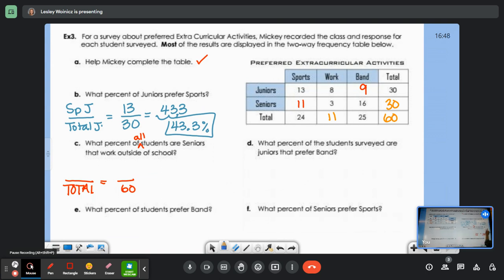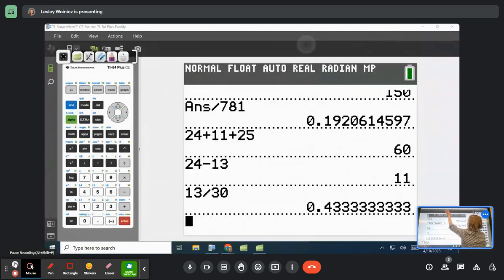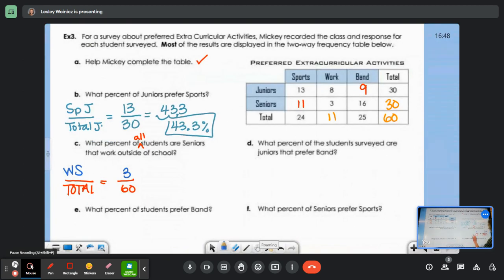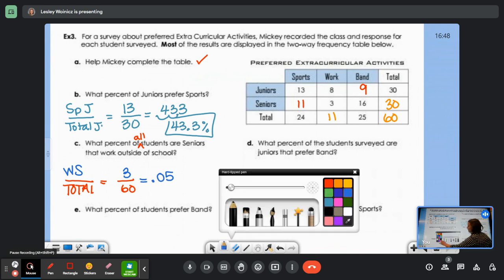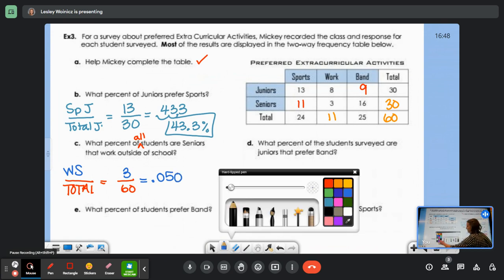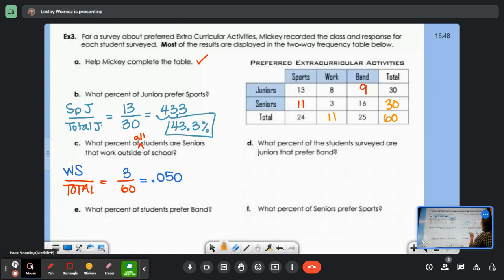So this is the working seniors, which is 3. So 3 divided by 60 is what I need to do. I'm getting 0.05. It says thousandths, so I should put 0.050. Moving my decimal point over 2 places, I get 5.0%.